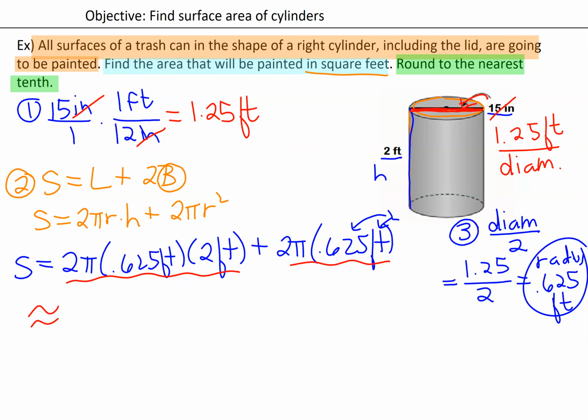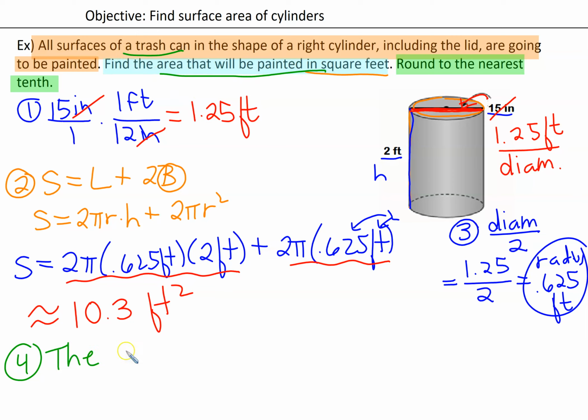If you are doing the calculation along with me, hopefully you came up with 10.3 square feet. And now we can write our conclusion. So for our conclusion, again, we were looking at the area to be painted of a trash can.